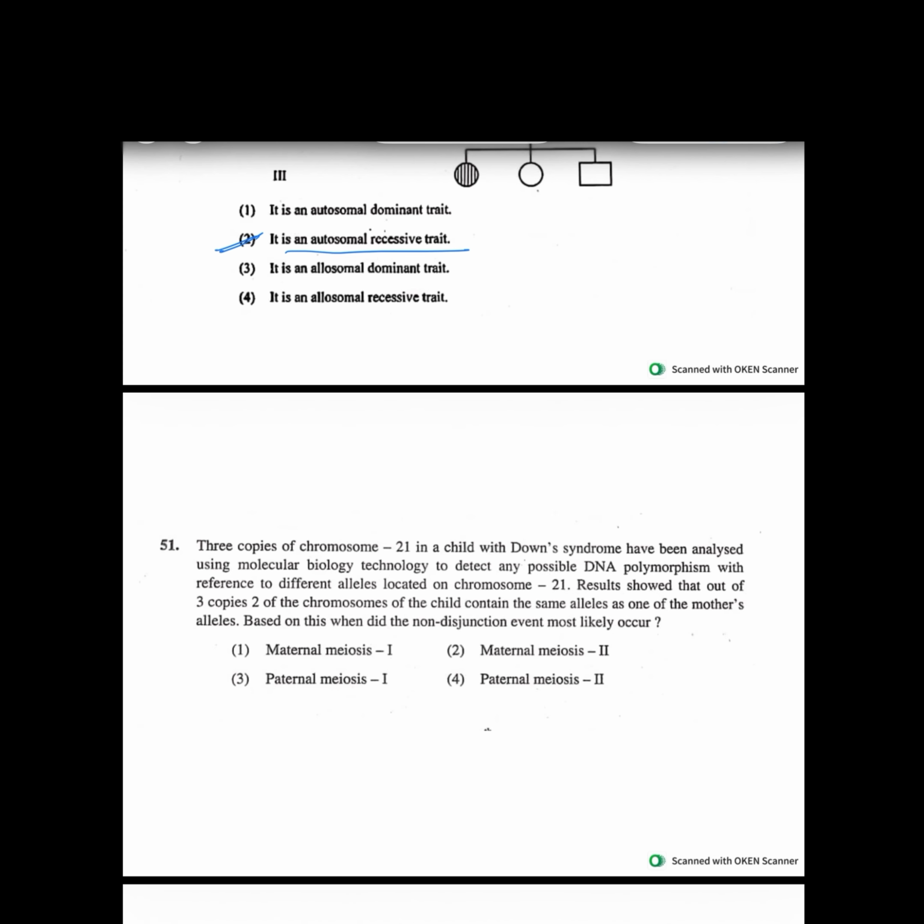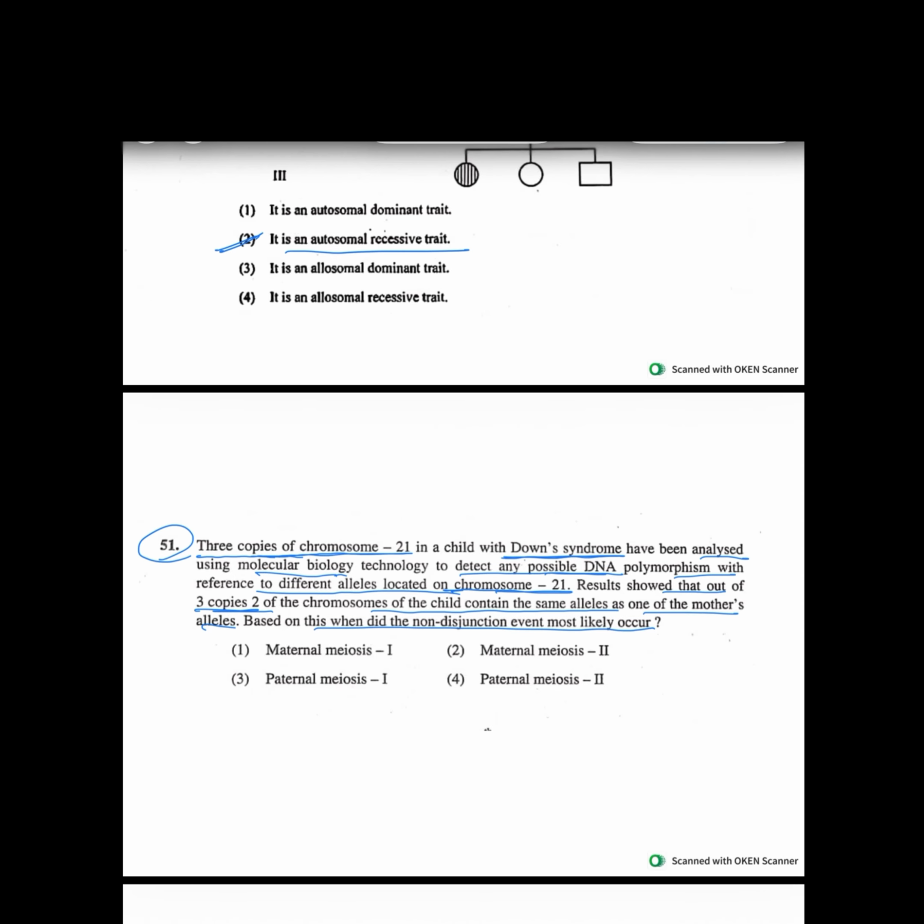Next question. 3 copies of chromosome 21 in a child with Down syndrome have been analyzed using molecular biology technology to detect any possible DNA polymorphism with reference to different alleles located on chromosome 21. Results showed that out of 3 copies, 2 of chromosomes of the child contain the same allele as one of the mother's alleles.